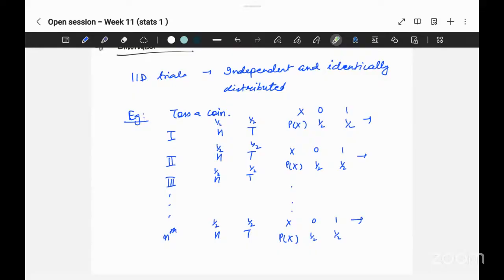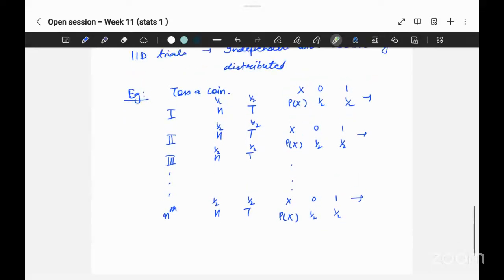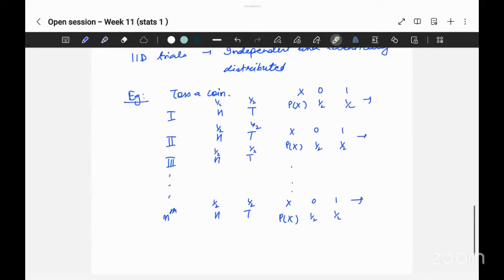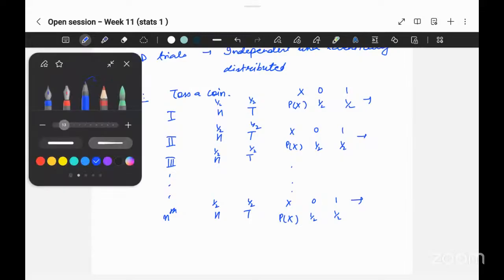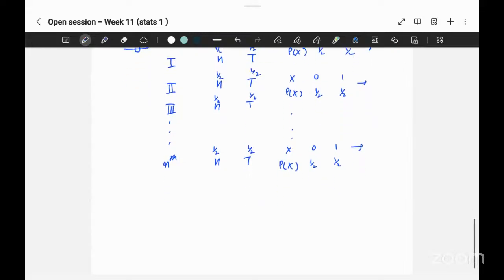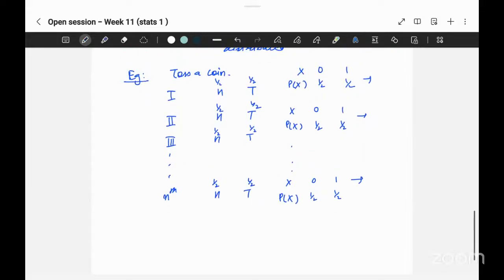Okay, so this is basically my IID trials. Now comes the binomial distribution.